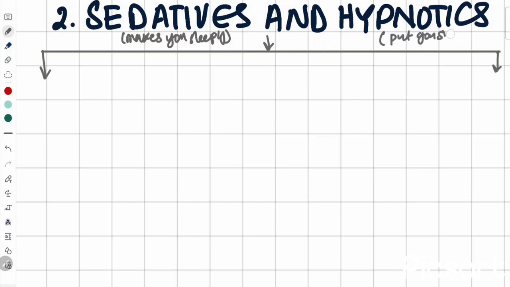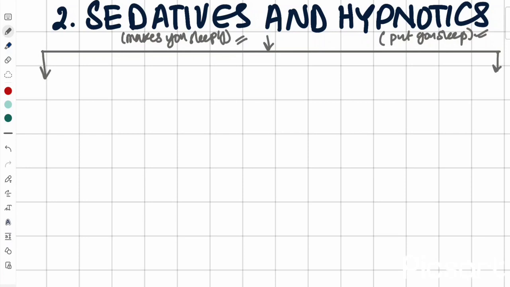I hope these simple, silly words will help you understand it better. So this is really going to make you sleep. This is the real deal, and this is just going to make you drowsy and dizzy and all that. Both will put you to sleep, but some just work better than others.